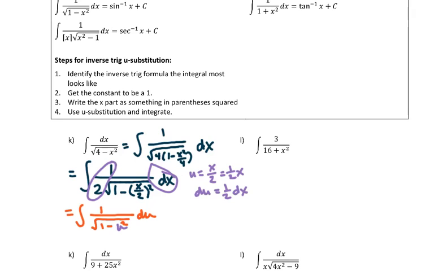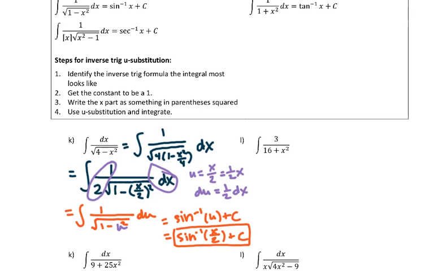And so then we're able to see how it represents inverse sine of that u, plus c. And so we get inverse sine of x over 2 plus c. And that's it.